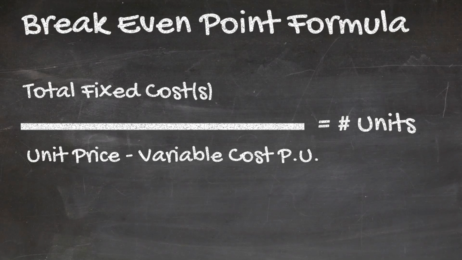When you divide that numerator by that denominator, then you'll get the number of units that you need to sell to make exactly $0. Everything beyond that is profit. Units can be anything from a beaded necklace if you are a jewelry manufacturer to a consultant job if you run a consultancy, or anything in between.